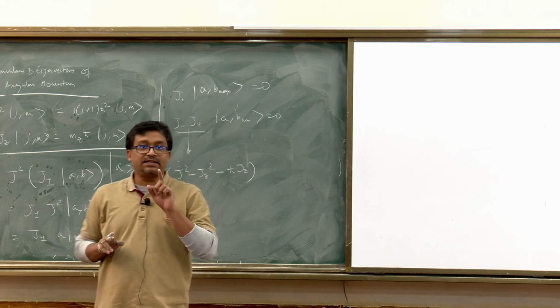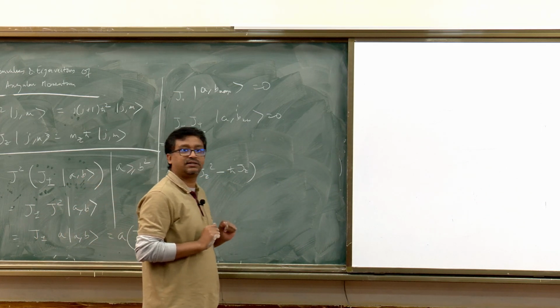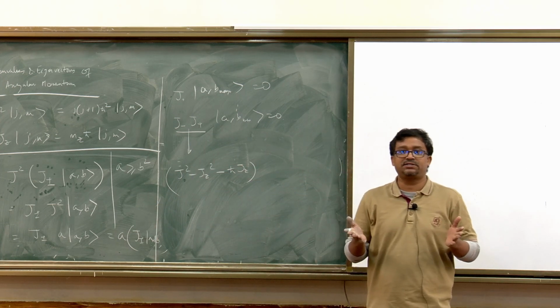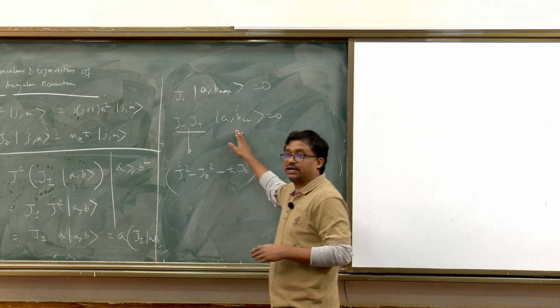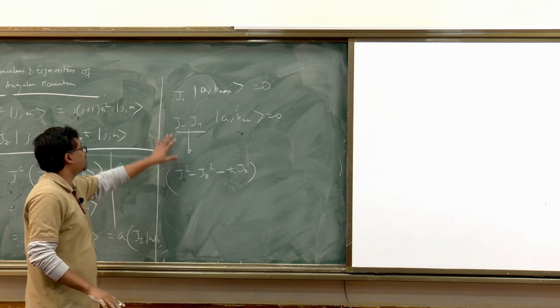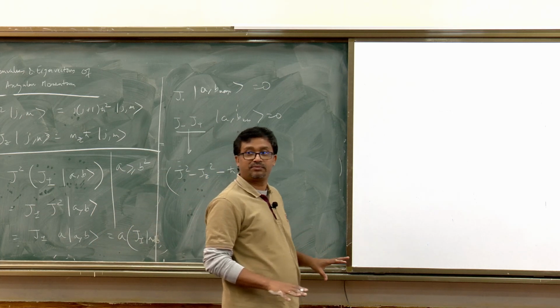Everything will be converted into either j square or jz, because those are the operators for which we know what happens when they operate on this kind of kets. So whatever we write, we should convert it to this form.